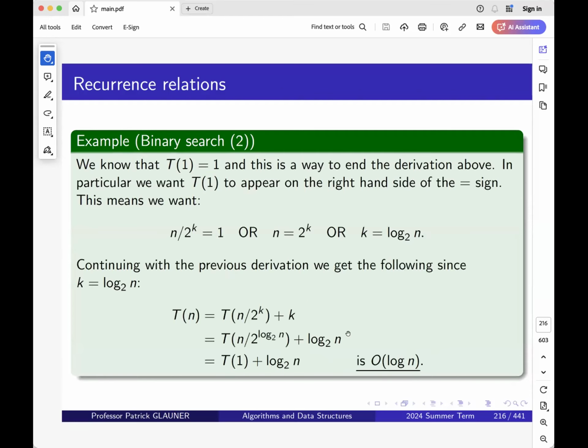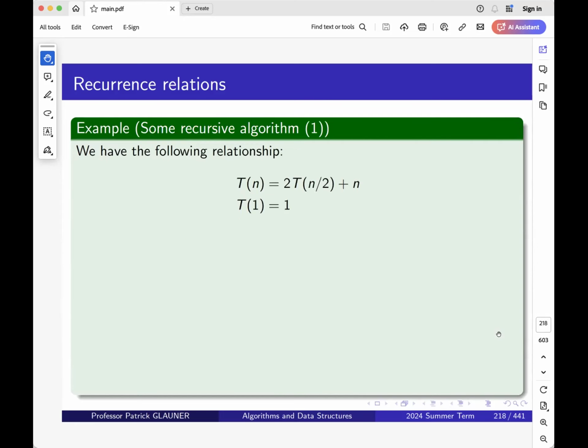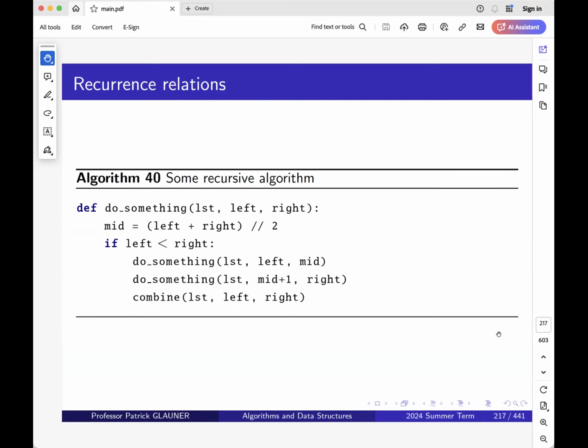And then we solve for k, we plug k into the pattern, and then we simplify it, and then we apply our O framework to this term. And then we have the O complexity of our algorithm. We saw other ways how we can do that, where I think this is where we finished last time.